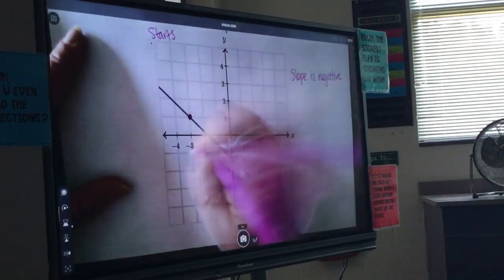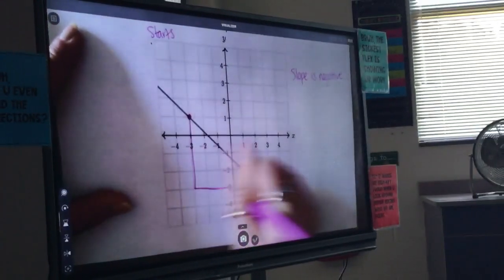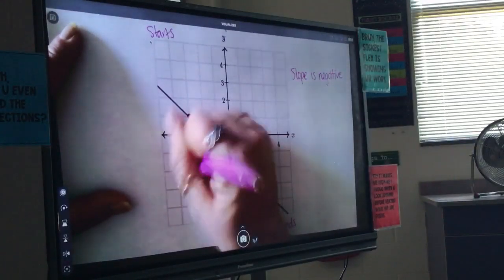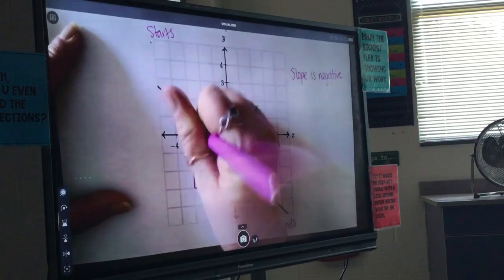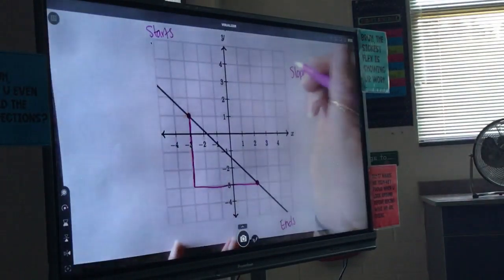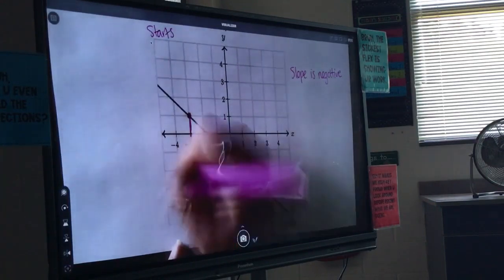All right, so then I'm going to find my rise, my run. So what is my rise? What's the rise? -4. It's going to be -4.